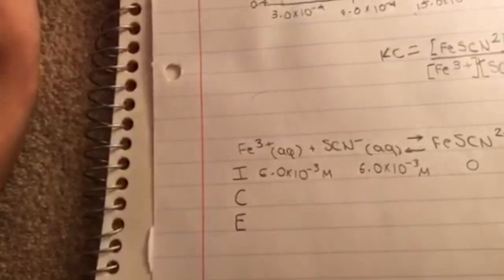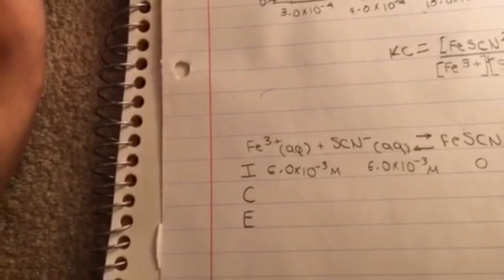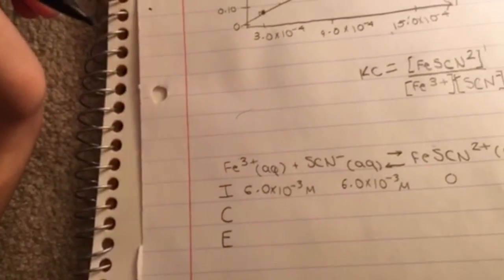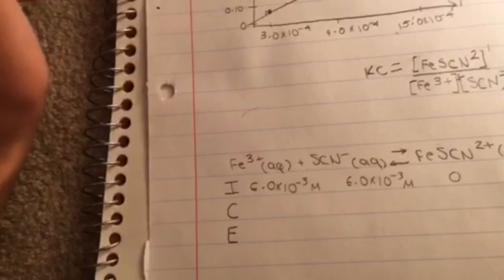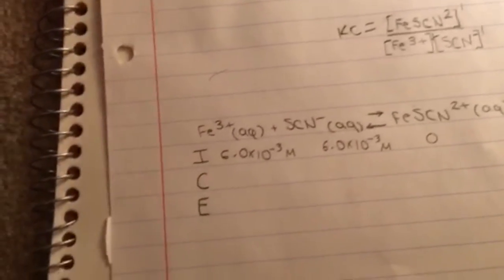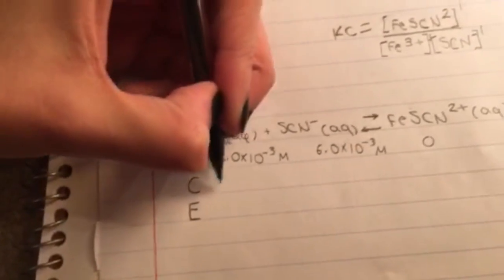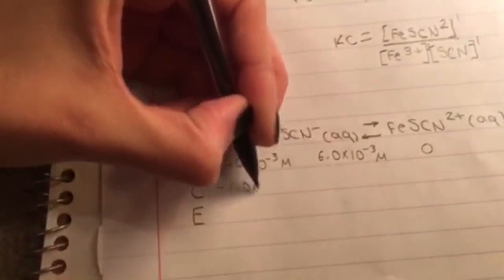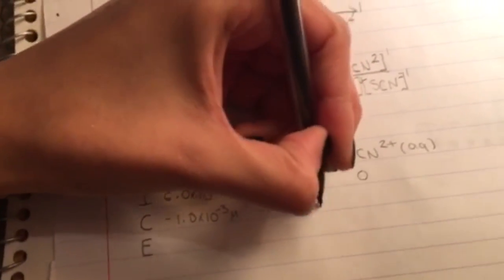The next step is also given in the problem. It says that at equilibrium, the FeSCN concentration is found to be 1.0 times 10 to the negative third molarity. So right then and there they give us the change, which is 1.0 times 10 to the negative third, and we're adding it to the 0.